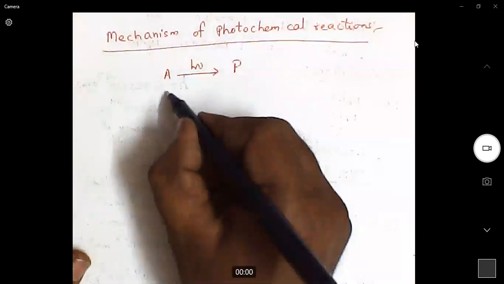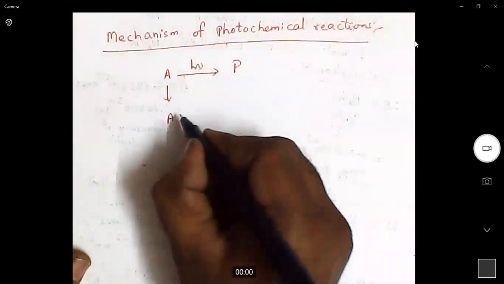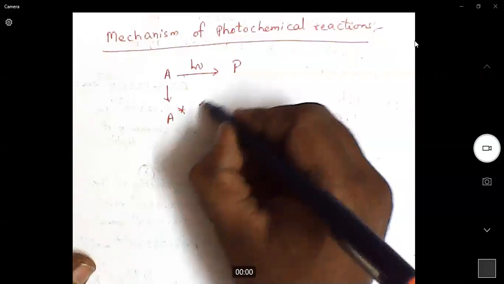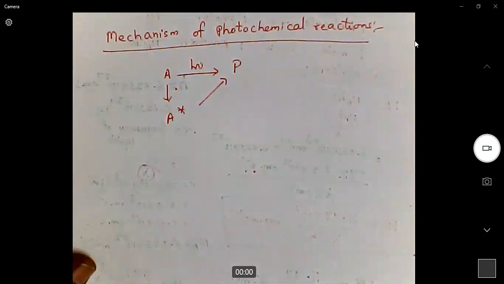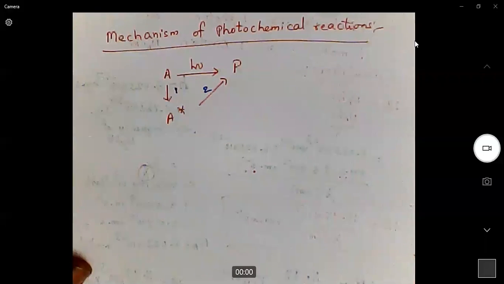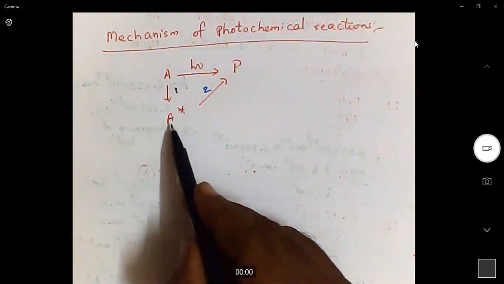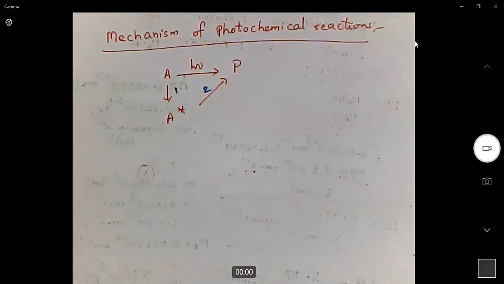But generally, in the first step, it will be converted to an excited state molecule, then it will be converted to product. So in a photochemical reaction, we have two processes. One is conversion of starting material into an excited molecule, then conversion of this excited molecule into product. So that we will discuss here.